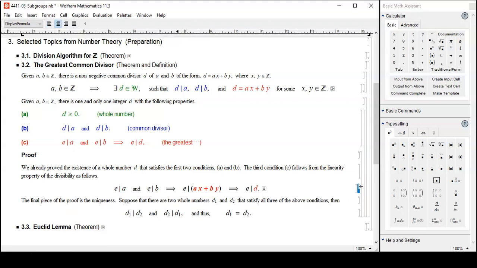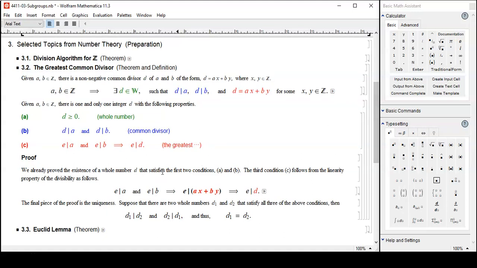So, we proved the third property using this linear combination, and consequently, d is the greatest common divisor. Any common divisor divides d. And also, this proves the uniqueness of the greatest common divisor as well.